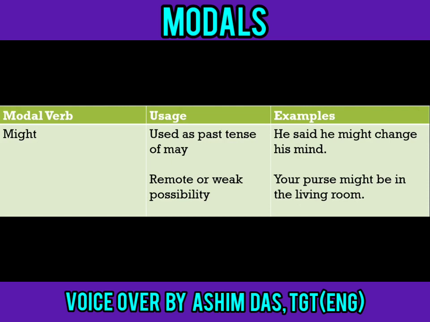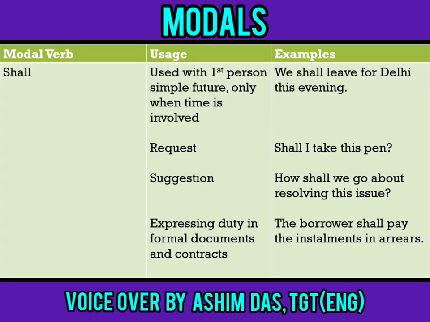The next modal verb to look at is shall. Shall is used with first person simple future and only when time is involved. For example, we shall leave for Delhi this evening. The second usage is to make a request. Example, shall I take this pen? The third usage is to make a suggestion.